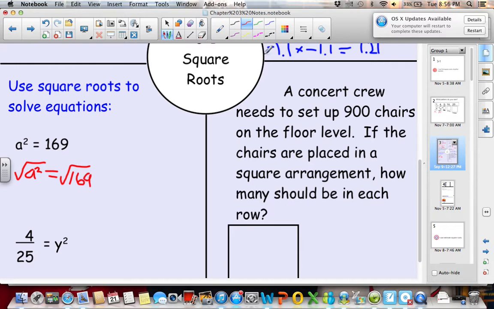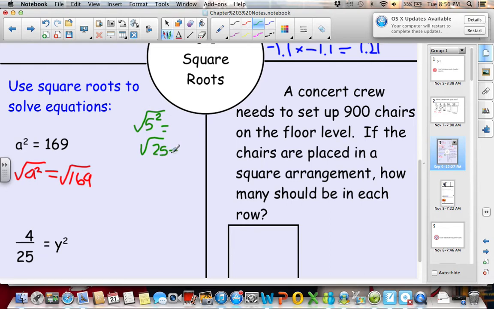And to show you super quick why this works, if I have 5 squared and I take the square root of it, well, I know that 5 squared is 25, so that would be taking the square root of 25.